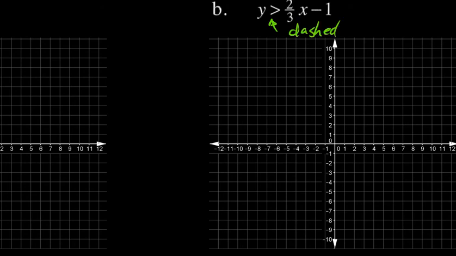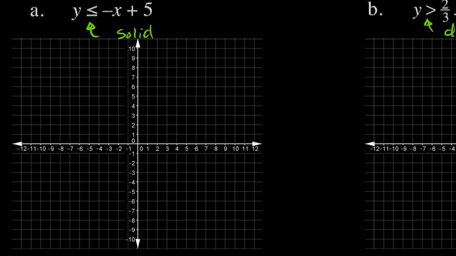The difference being that on the dashed boundary line, it means that the line itself does not contain solutions. Only the things in the region, in this case above the boundary, because this is written as y is greater than, the y's above the line will be solutions. Over here, the y's below the line, the opposite of x plus 5, or the line itself would be solutions.